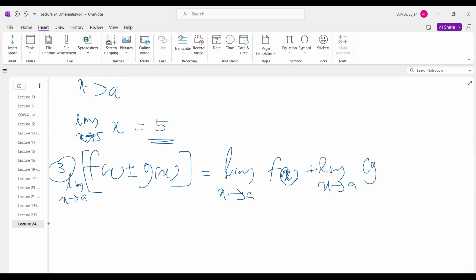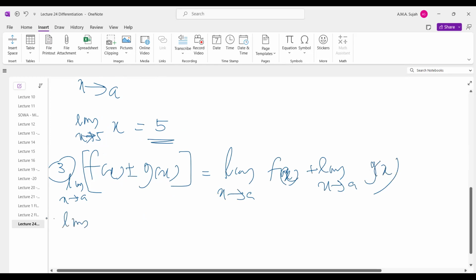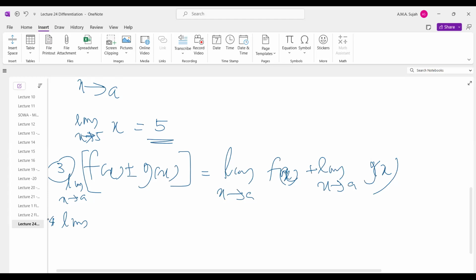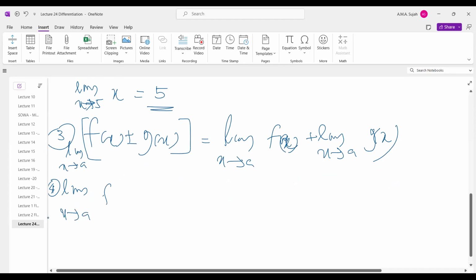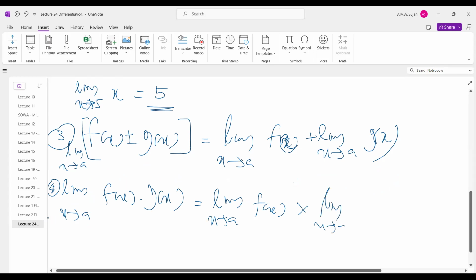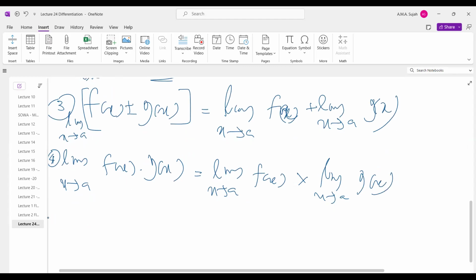Similarly, the fourth one: limit x approaches a of f of x into g of x is limit x approaches a of f of x multiplied by limit x approaches a of g of x.